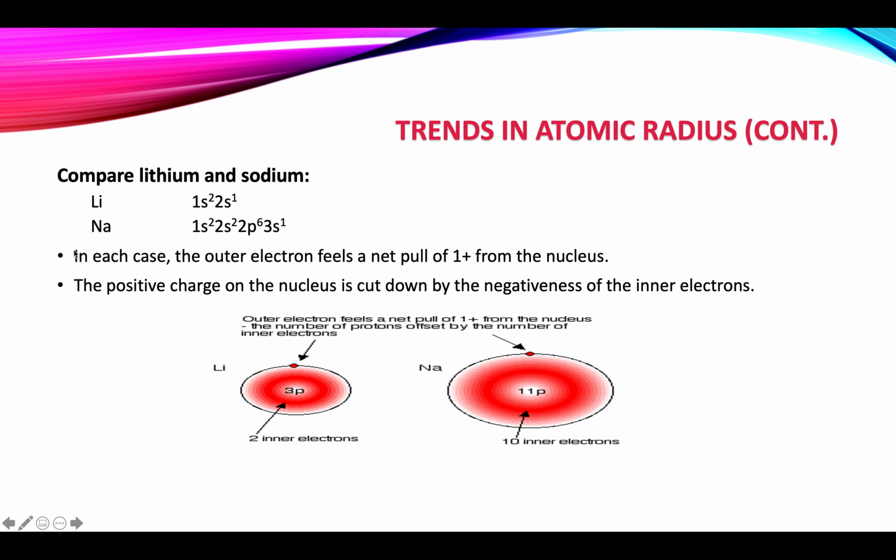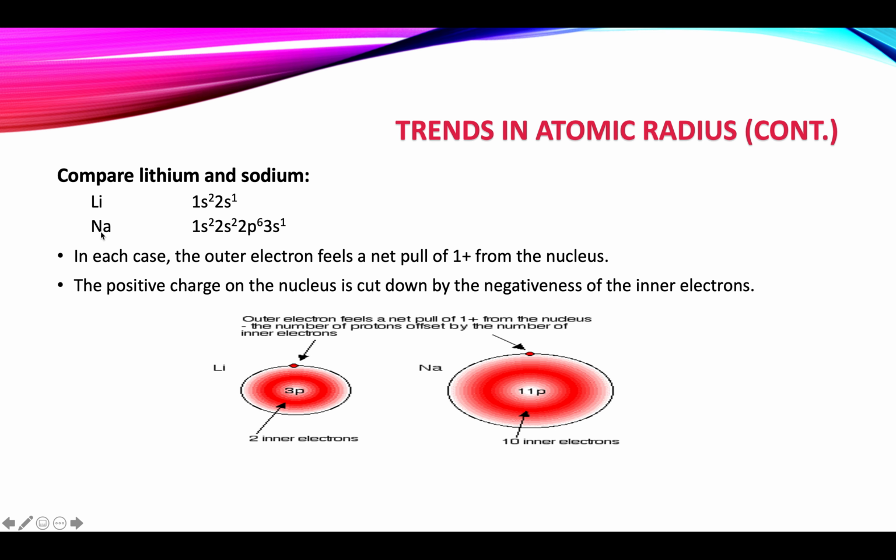If we discuss the strength of the attractive forces of the nucleus and compare, we can say that the net pull of +1 charge is from both the nuclei, but as the number of inner electrons is greater, the positive charge on the nucleus is cut down by the negativeness of the inner electrons.